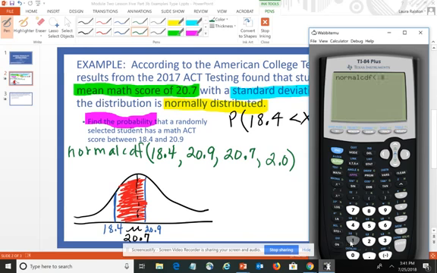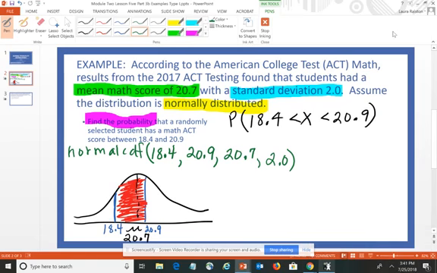We enter the lowest value first, so that's 18.4, comma, the ending or high value of 20.9, comma, the mean of 20.7, and the standard deviation of 2.0. Close off the parenthesis, press enter, and we get a value of 0.4147559076.